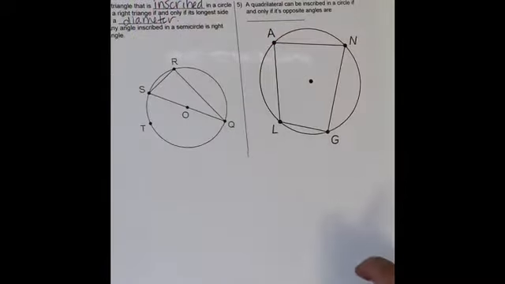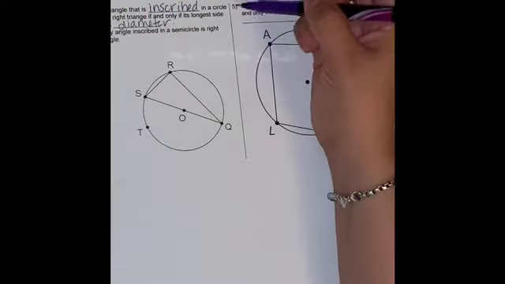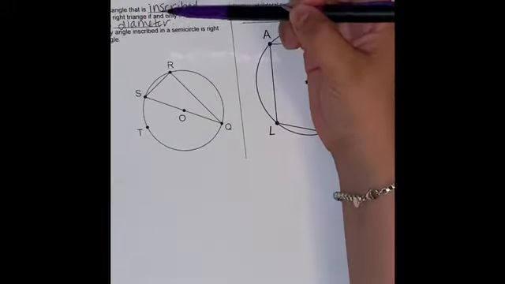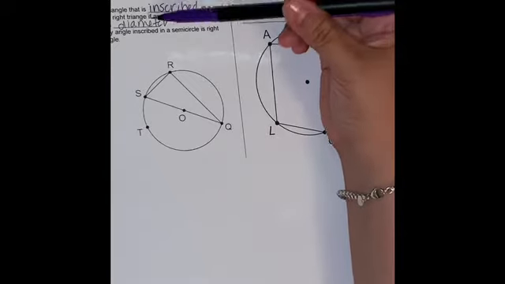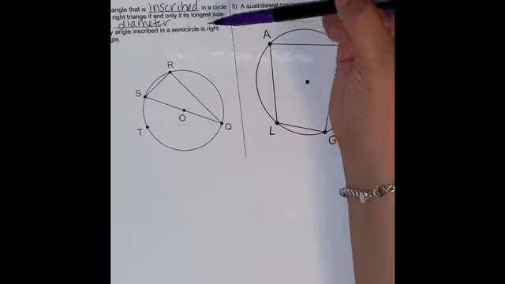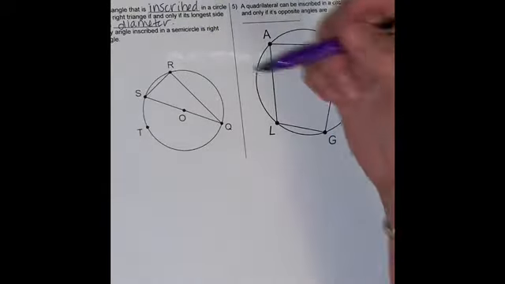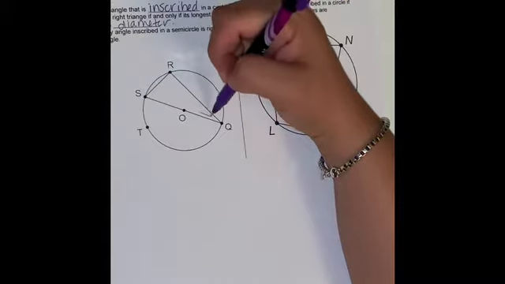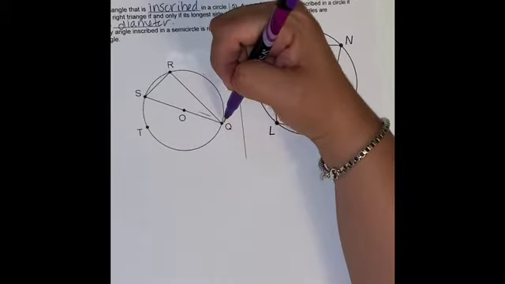A triangle that is inscribed in a circle is a right triangle if and only if the longest side is the diameter. Any angle inscribed in a semicircle is also a right angle. So basically it's saying that this long side is your diameter.